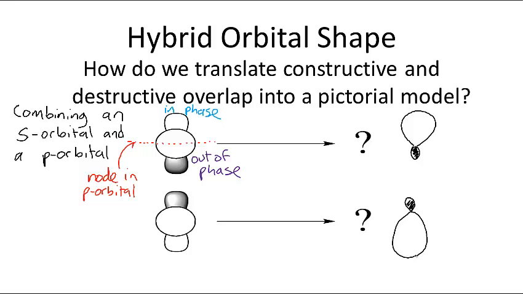A linear molecule. If I have a linear molecule, this would be good because now I have one orbital on the left side to make a bond with an atom over there, and one orbital on the right side to make a bond with an atom over there. So these are what we call sp hybrid orbitals, and they are what we're going to use to make linear molecules.